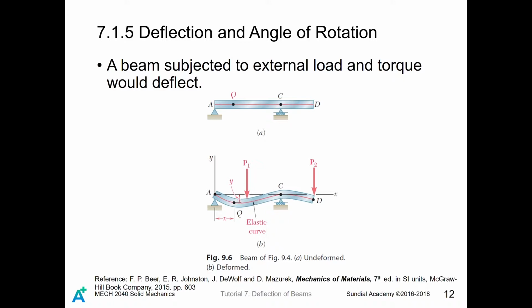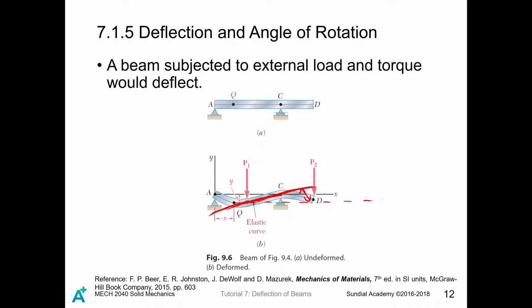But if we talk about angle of rotation, here we are talking about the tangent. The tangent, say at this point, could be like this, a little bit oblique. And here is the angle of rotation we care about.